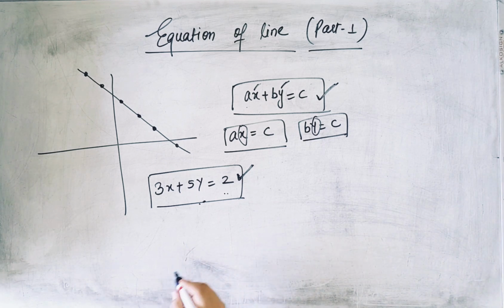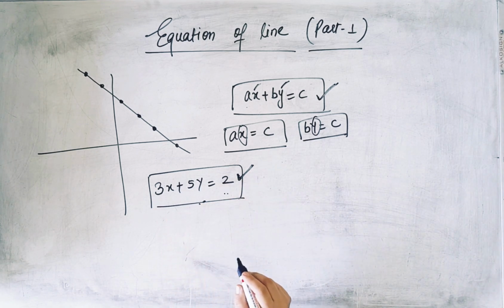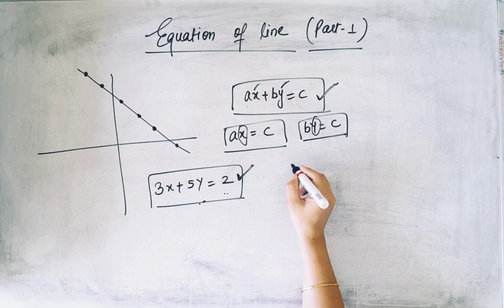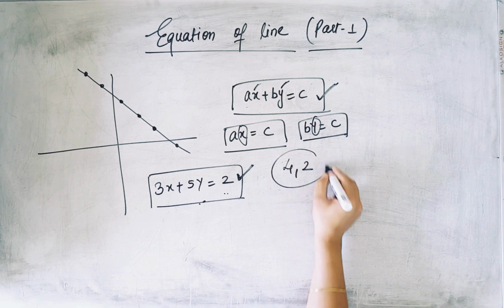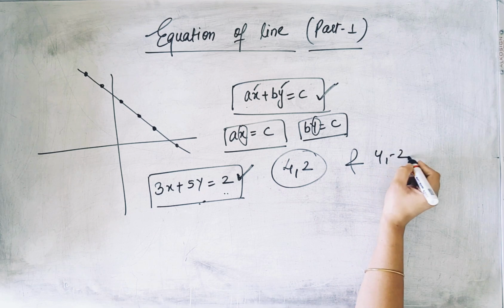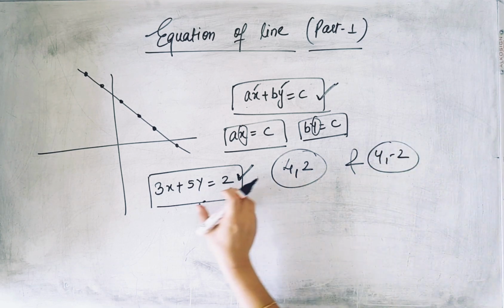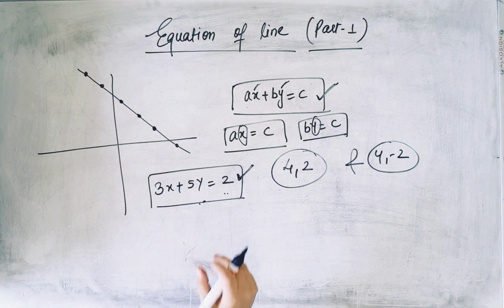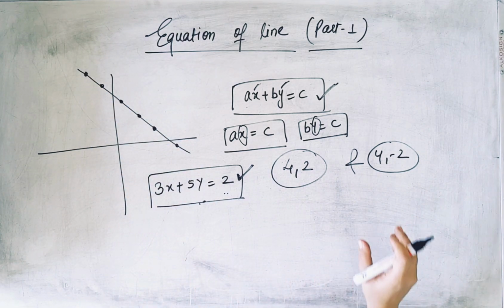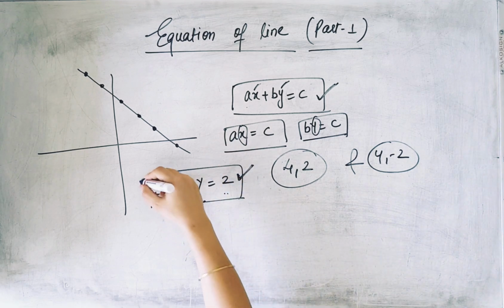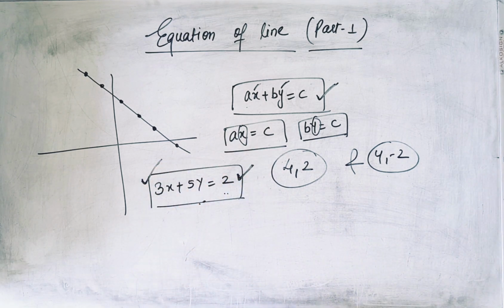Now let's suppose I am given 3x plus 5y equals 2 and the points 4 comma 2 and 4 comma minus 2. I have to find out which point lies on the line which is represented by this equation.